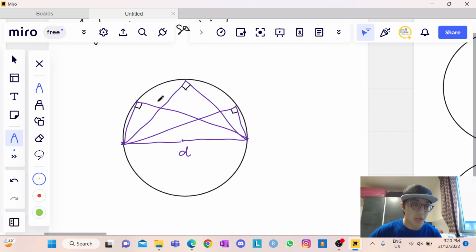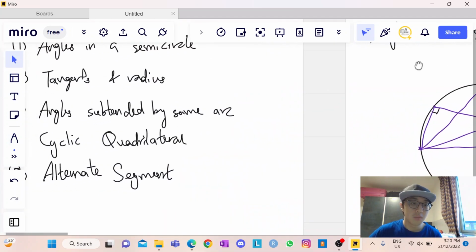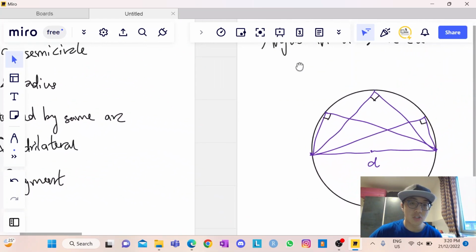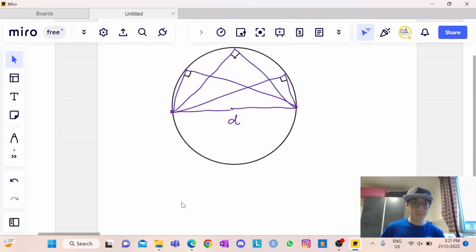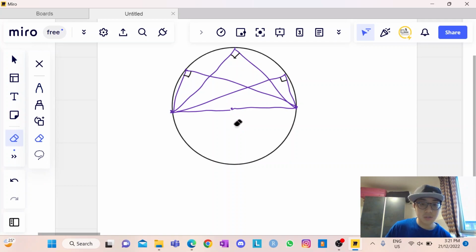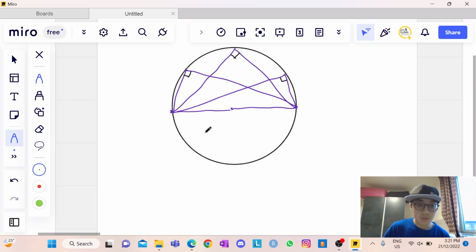It's just that simple. Let's move on to the second one, where we are going to look at tangent and radius. Basically, if I'm gonna erase this, let me change the color and say this is the radius.